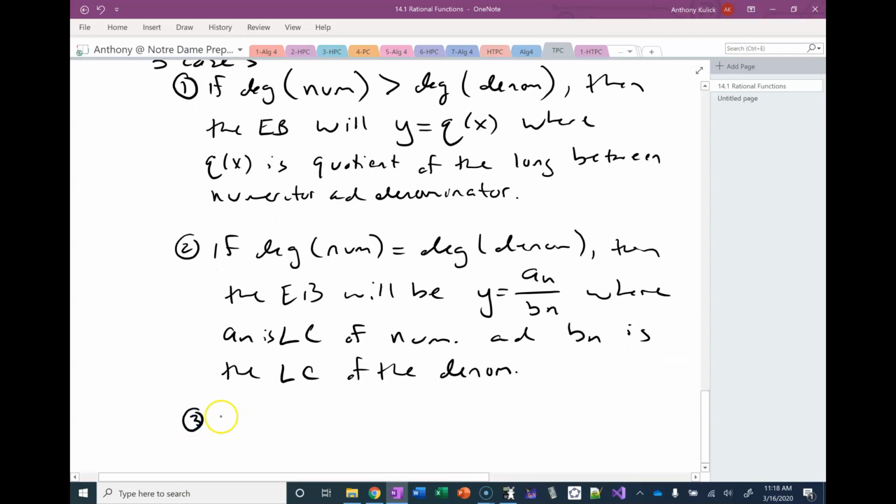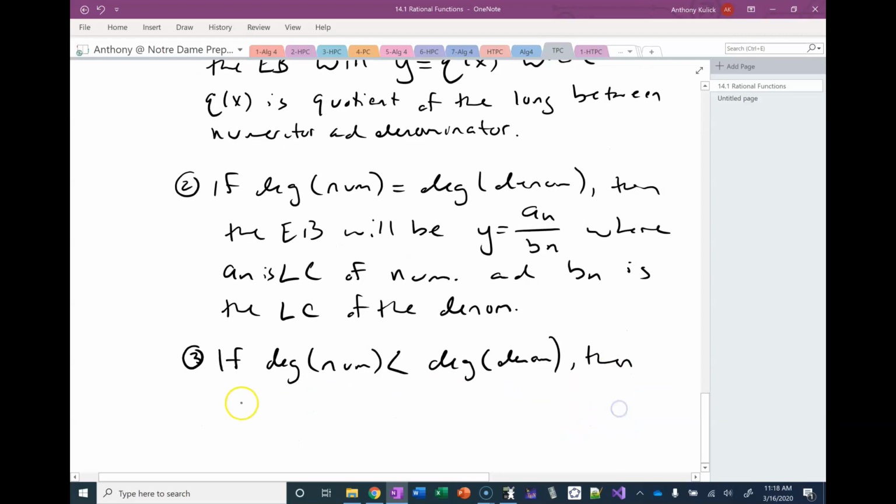And the third case, if the degree of the numerator is less than the degree of the denominator, then the EB will be y equals 0.